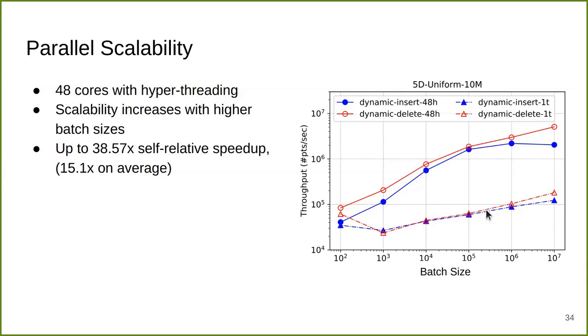And for the dotted lines, I show that of the parallel algorithm running on just one thread. As we can see, as the batch size increases, we expose more parallelism, so there's a widening gap between these two sets of lines. On 48 cores with hyperthreading, we achieve up to 38.57 times self-relative speedup, as well as 15.1 times on average.